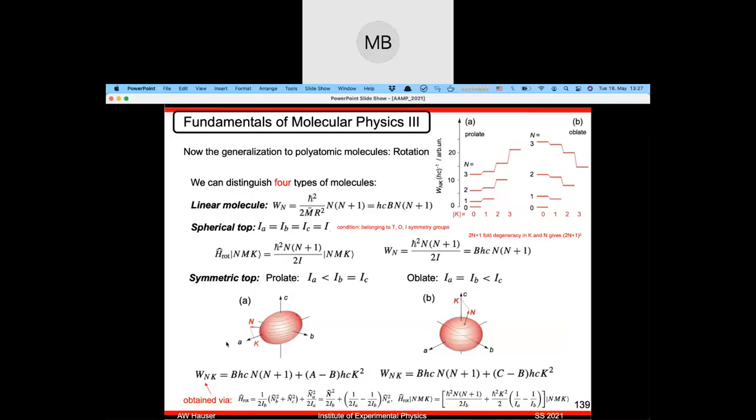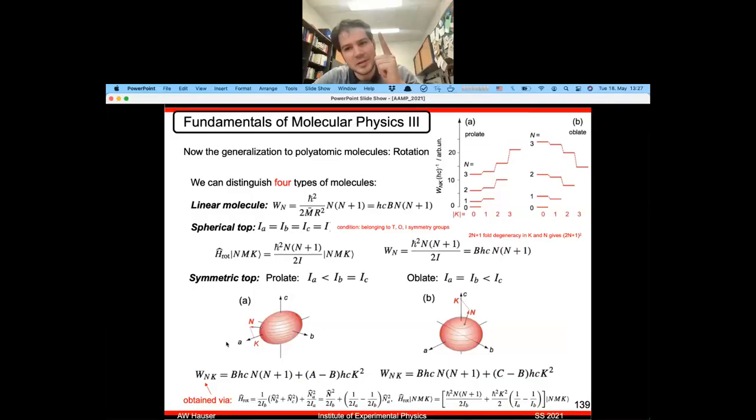And so we have to make another addition to our thought about the rotational constant. How is the rotational constant related to the moment of inertia?